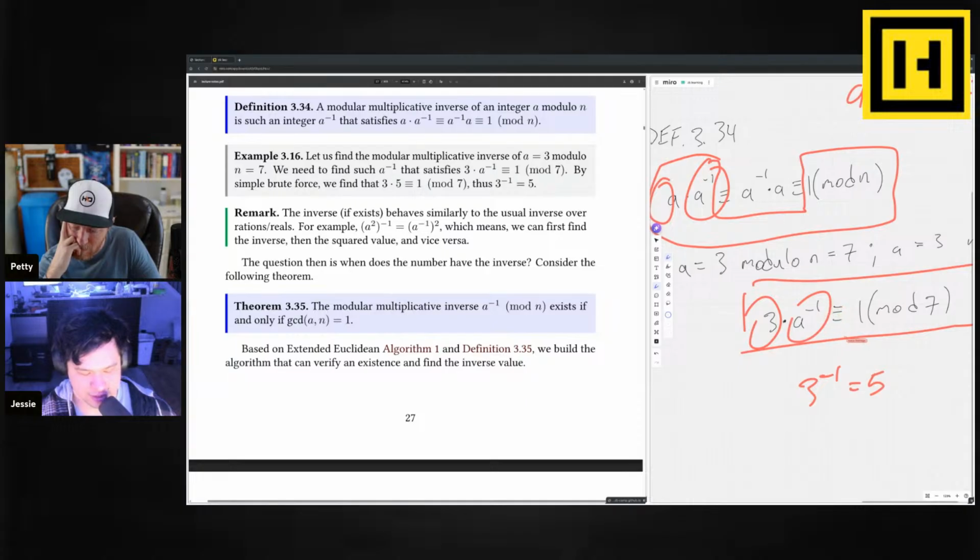It reads a little bit weird, because this is 5, that's 5.